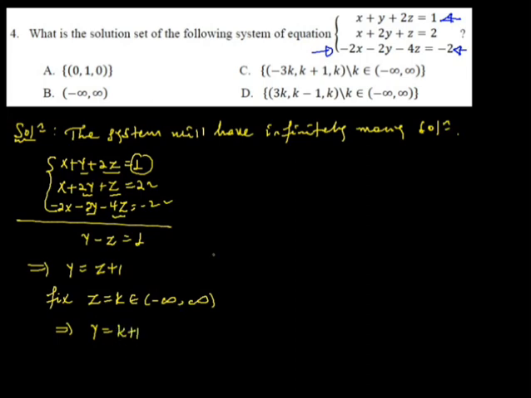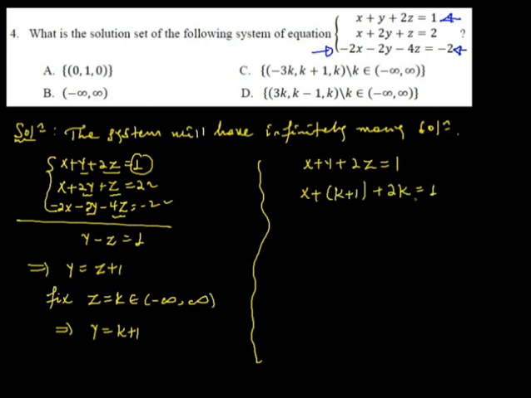So now you can use the first equation, x plus y plus 2z equals 1. So x plus k plus 1 plus 2k, that is 3k, plus 1 equals 1.